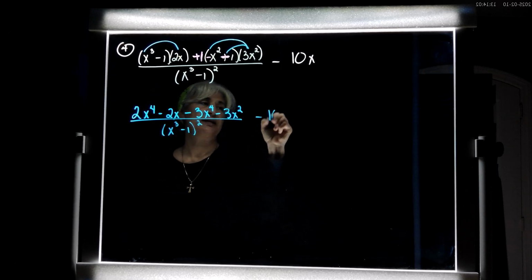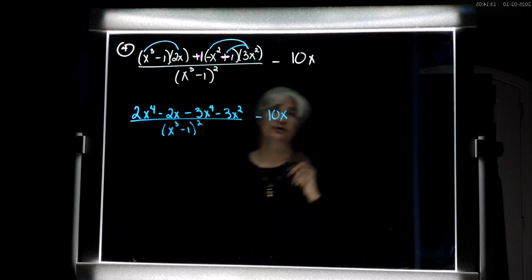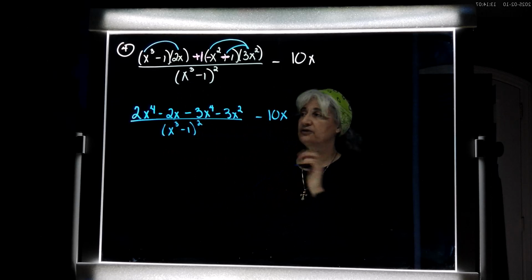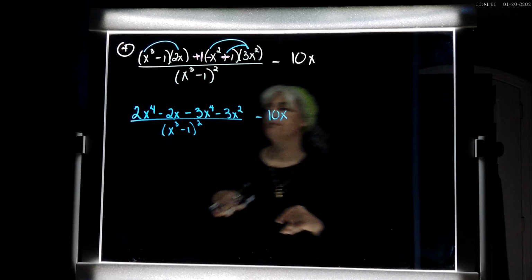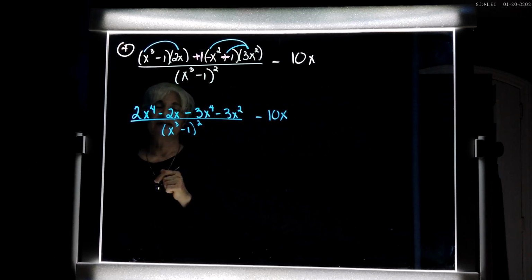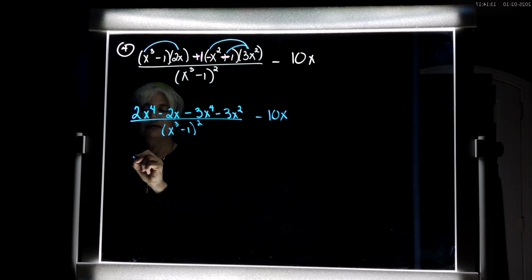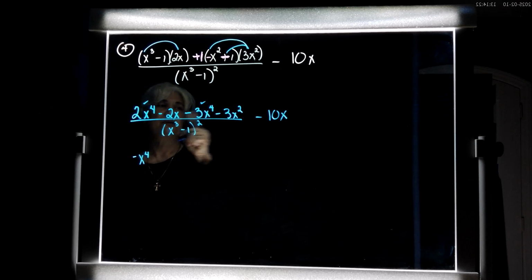Oh yeah, remember the minus 10x. Need to remember it, so just keep writing it down until we're ready to deal with it. Everybody good with this? Okay. And now, collect like terms. So talk to me. Yeah, the x to the fourth will have a negative x to the power of 4. So that takes care of these two.